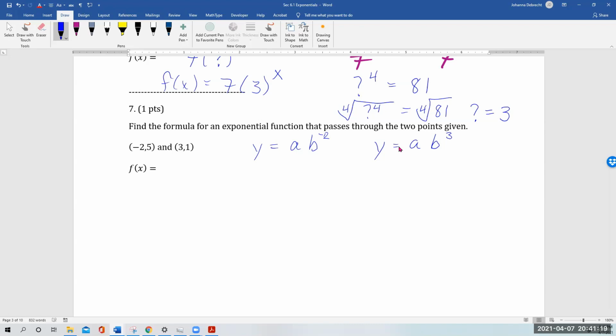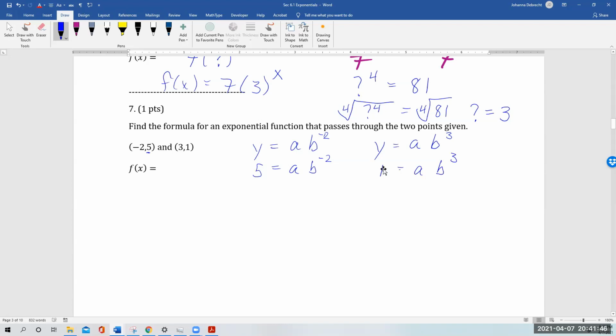When we're done with each equation, we end up with the y value. So when the power is -2, our y value ends up being 5. This gives us that 5 is equal to ab to the -2, and that 1 is equal to ab to the third power.